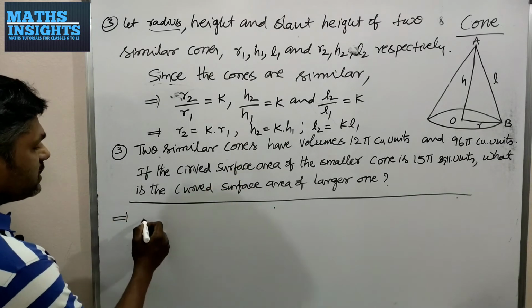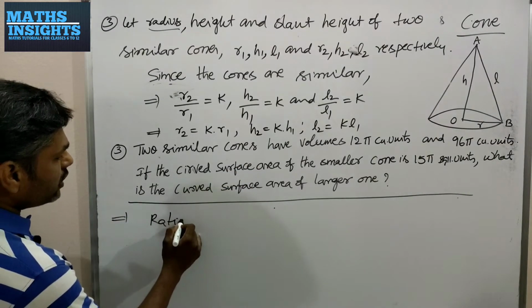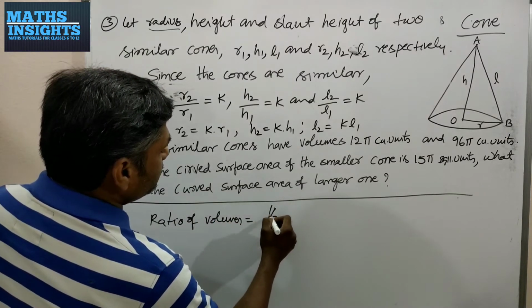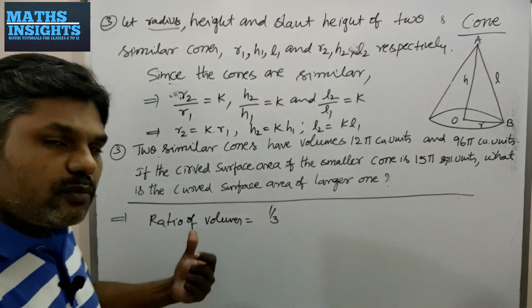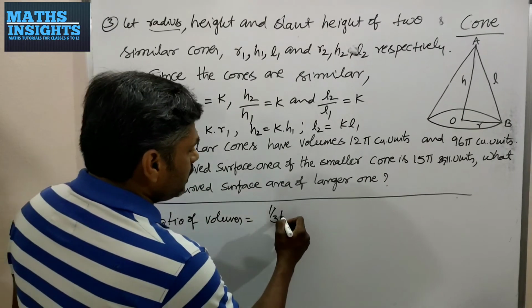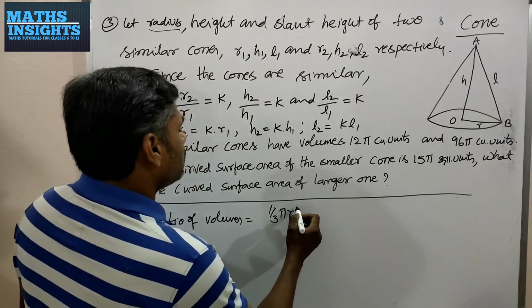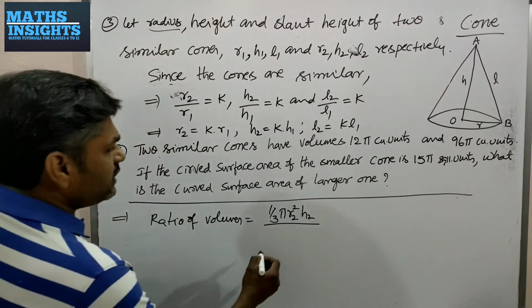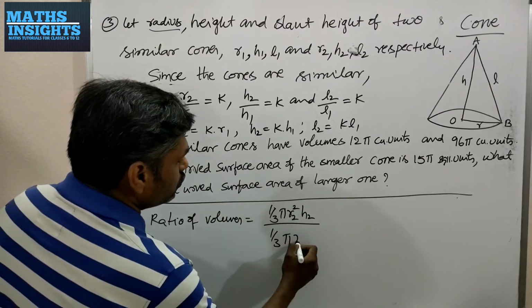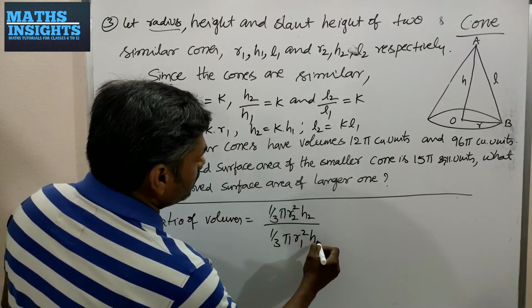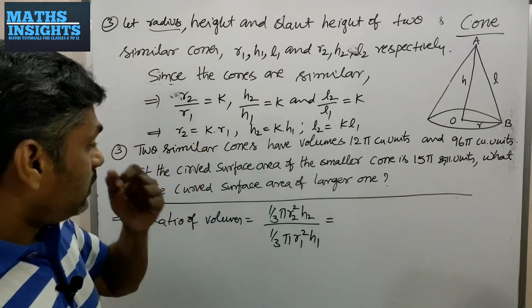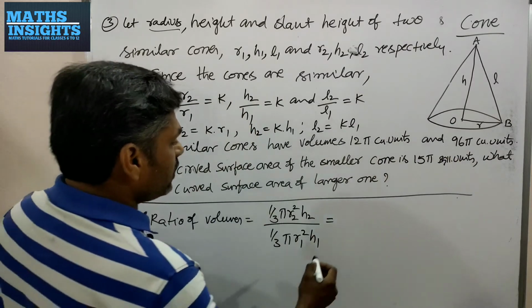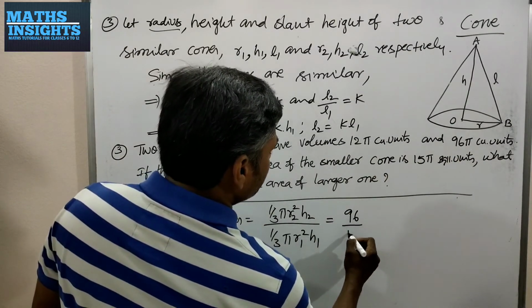Volume formula, that is, the ratio of volumes is equal to, see, 1 by 3, I am taking the bigger cone first, 1 by 3 pi r2 square into h2 by 1 by 3 pi into r1 square into h1, that is equal to, you have to substitute the values. 96 is bigger and 12 is smaller, therefore I will write 96 first, then 12 second.